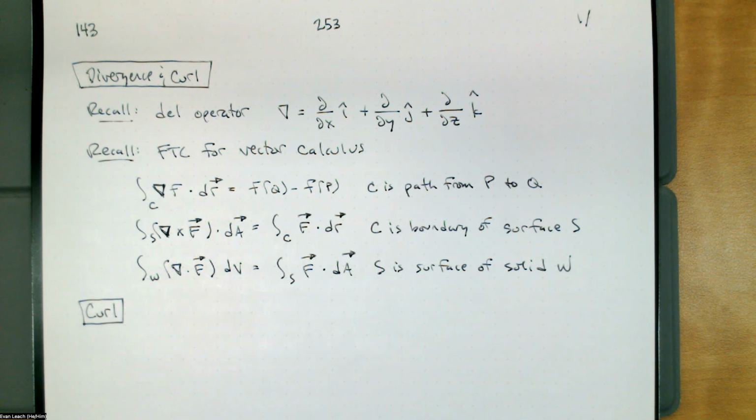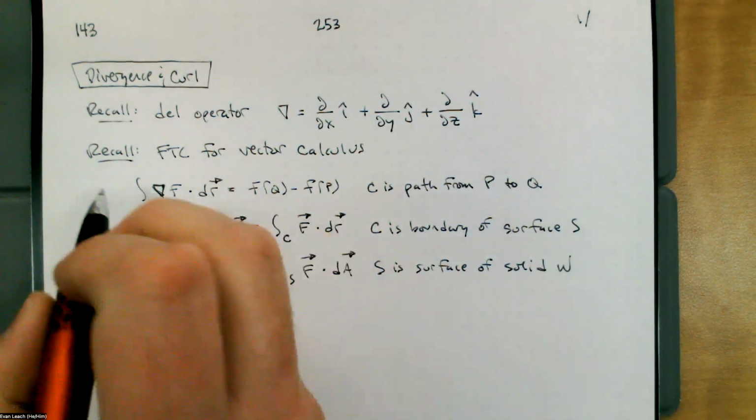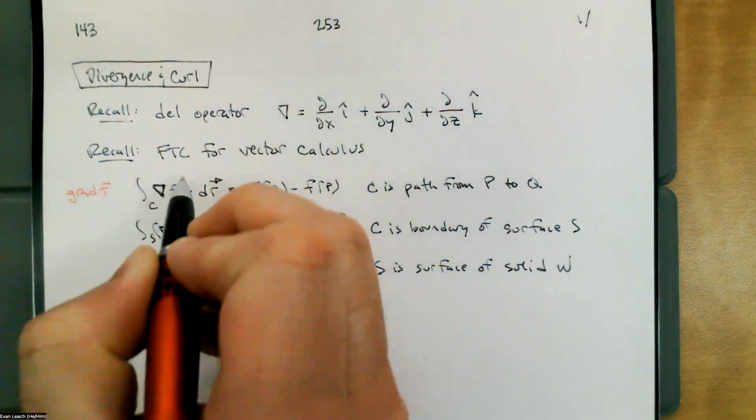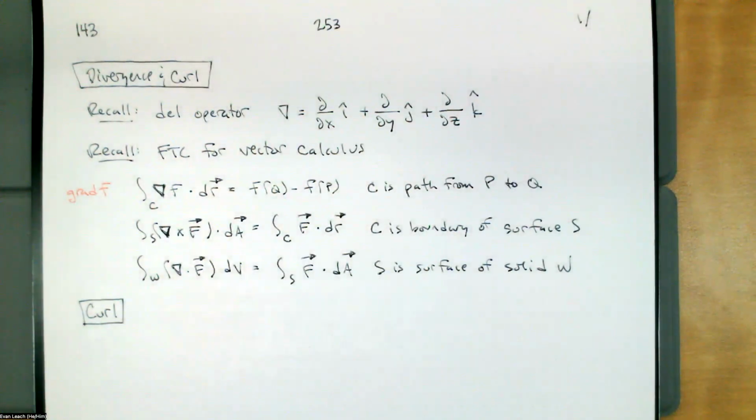And that showed up in our fundamental theorem of calculus for line integrals. So we have the gradient, which is del f. And then since the del operator is a vector, we can use the del operator in a cross product and a dot product.